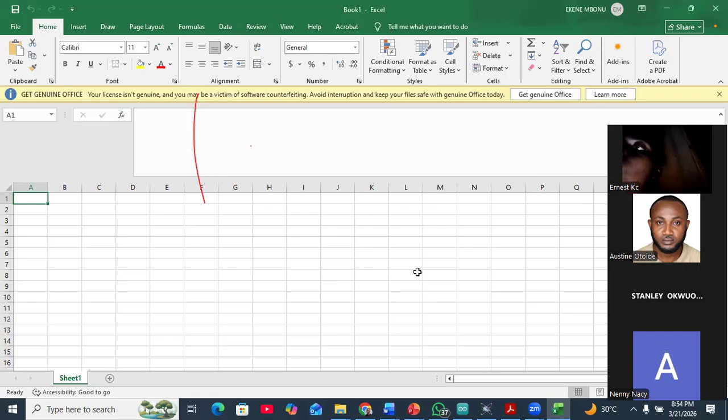We want to do a bit of instrumentation now by taking readings. So we call this one temperature.